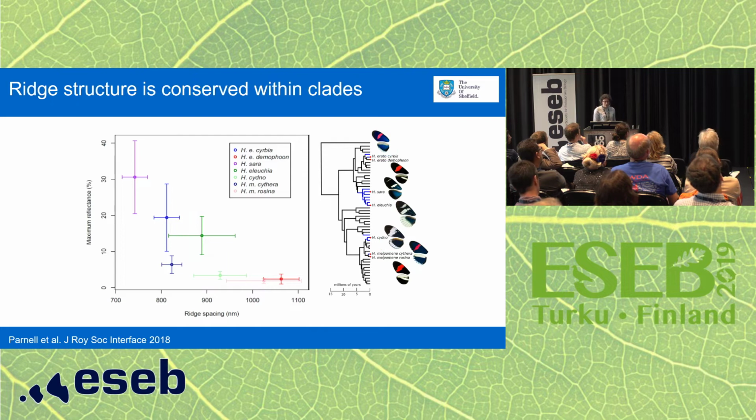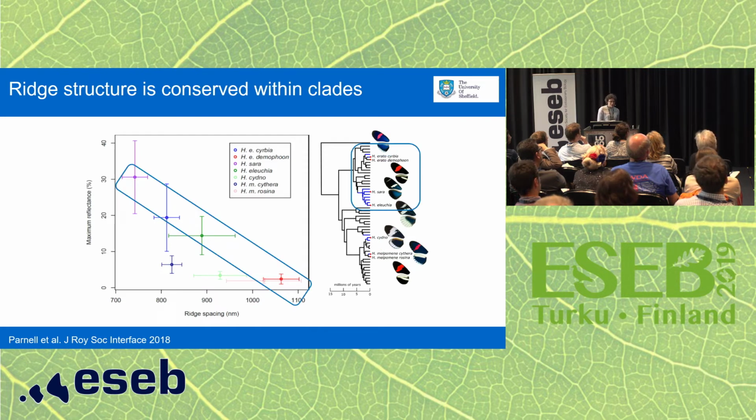If we look within the erato clade, it looks like as they pack the ridges together, they get brighter faster. Whereas if we look in the melpomene clade down here, they don't get as bright as fast. So essentially in the melpomene clade, the ridges are not as good reflectors. They're more curved, they're not as overlapping. And in the erato clade, they seem more able to evolve these really flat, overlapping ridges.